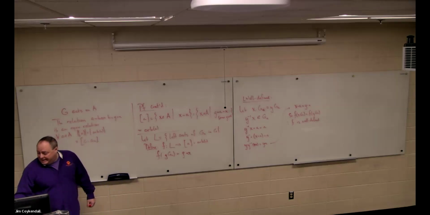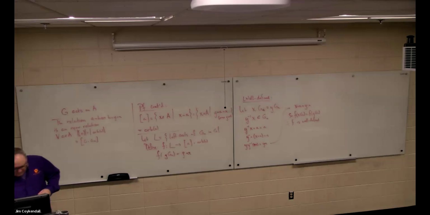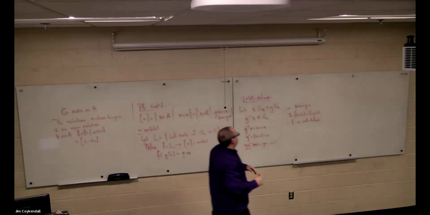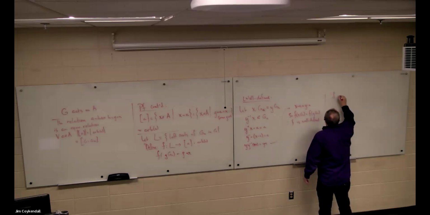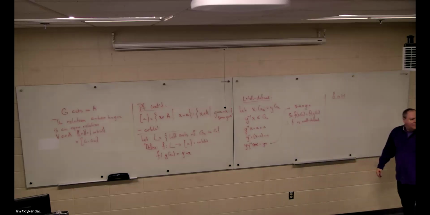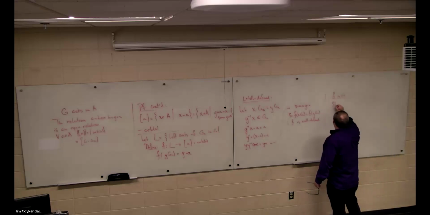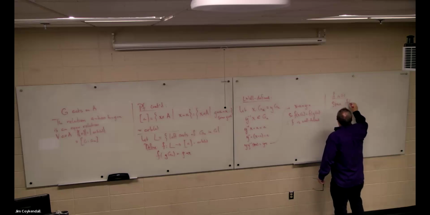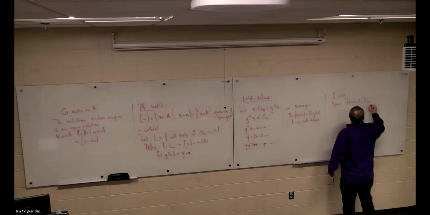Now, my next move is I want to show that this function is not just well defined, but it's a bijection. So we know that f is a function. Is f 1-to-1? Let's show that. Suppose f of xG_A equals f of yG_A.